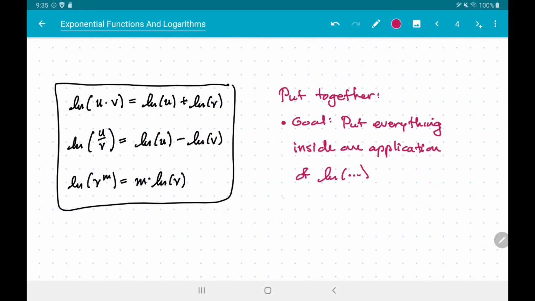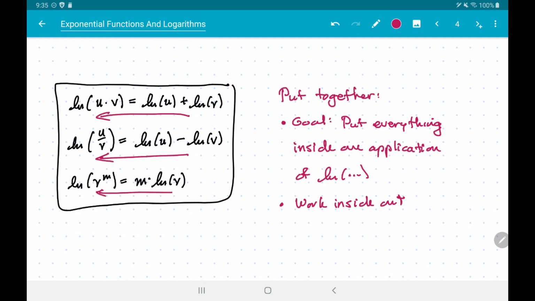To do that, we generally work inside out. So instead of working from left to right using the formulas as I've written them over here, we will instead be working right to left.